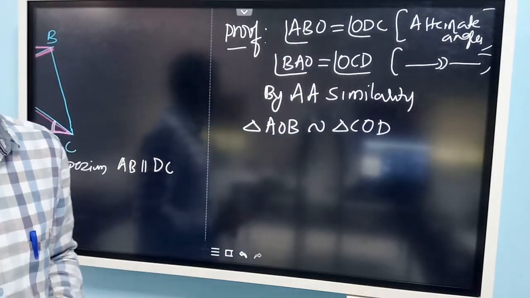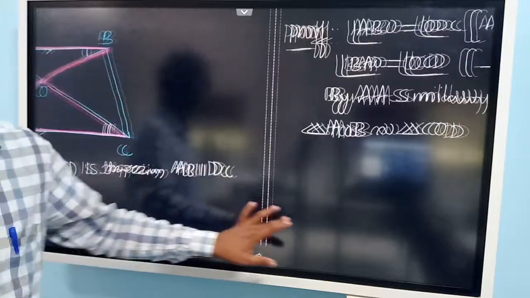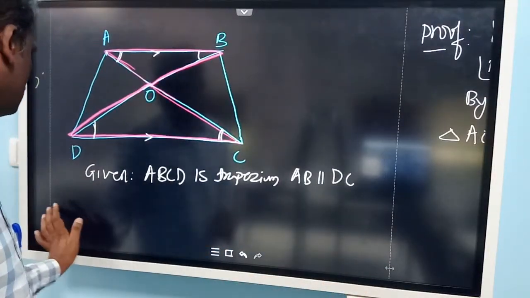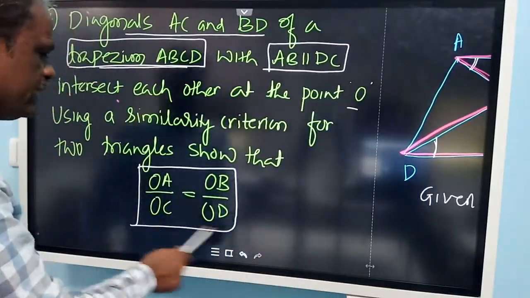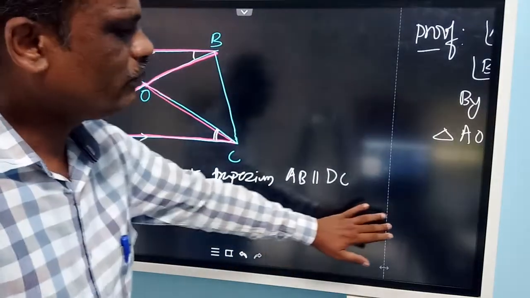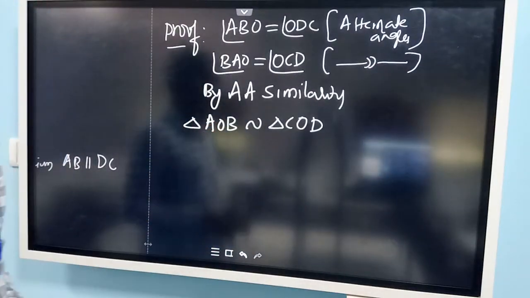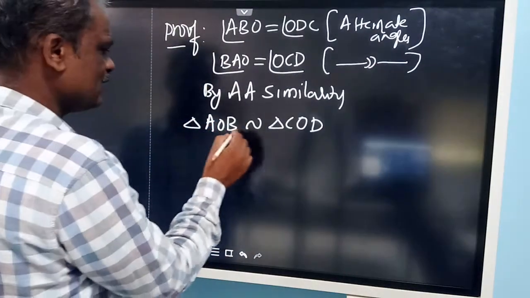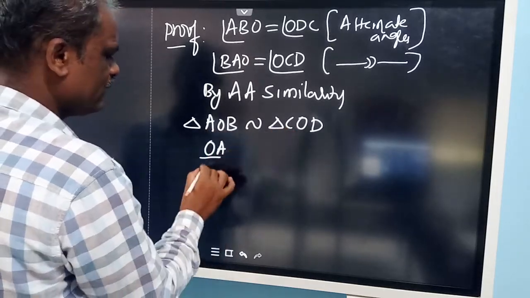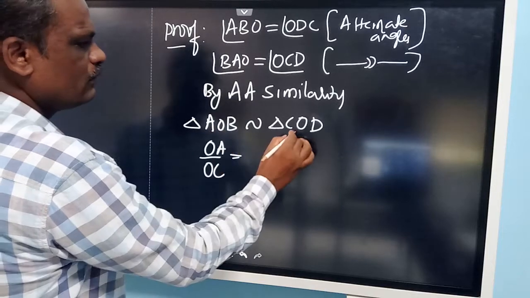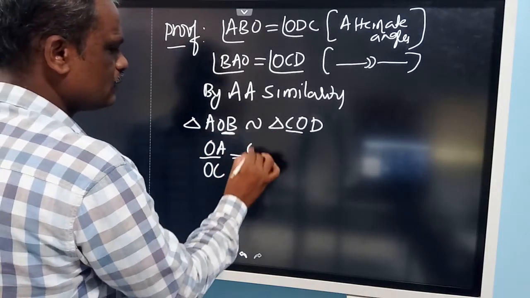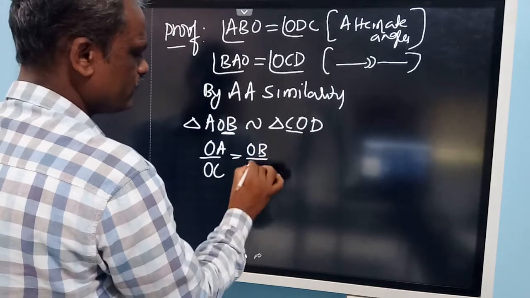So what we need to prove? We have to prove that OA by OC is equal to OB by OD. So you have to take the sides proportionality here. Since the triangles are similar, I can write the sides are proportional. So I will write OA first two here by OC, OA by OC, these two, and then OB by OD.